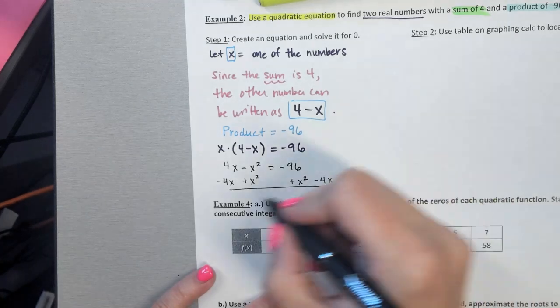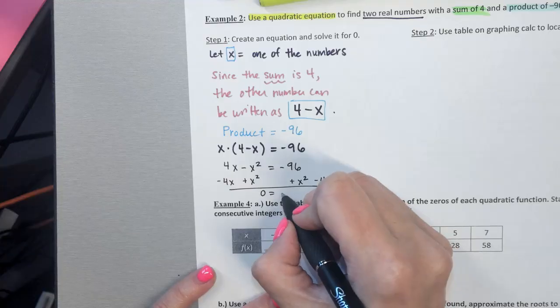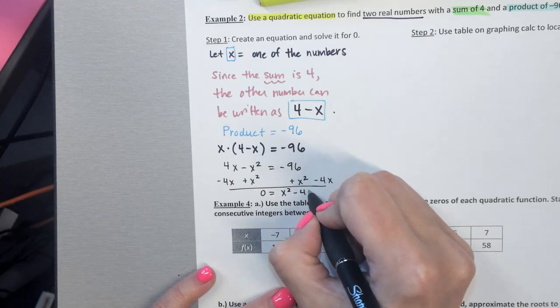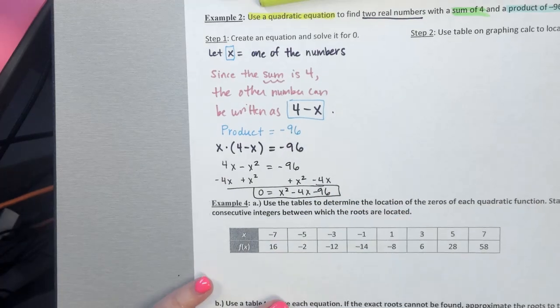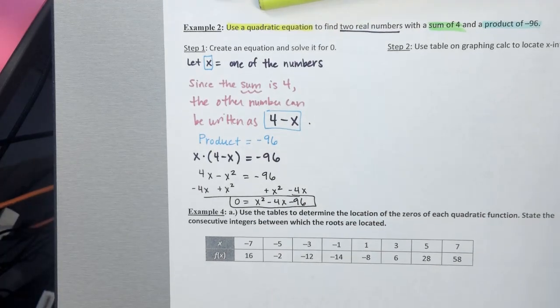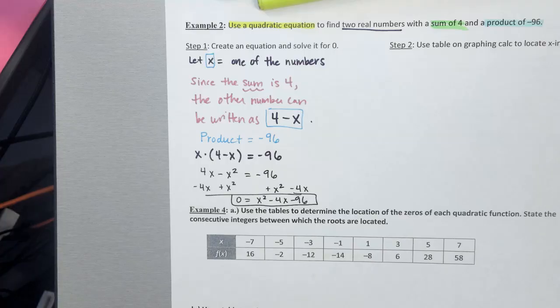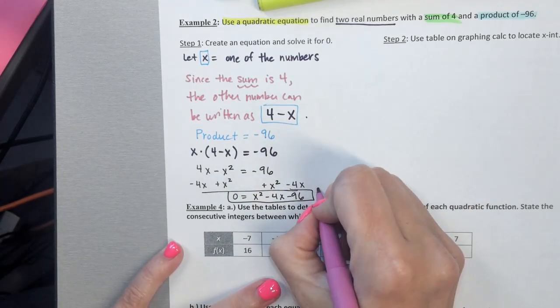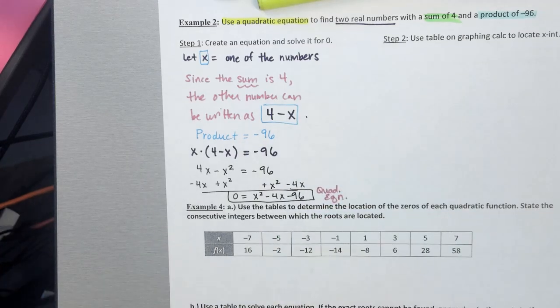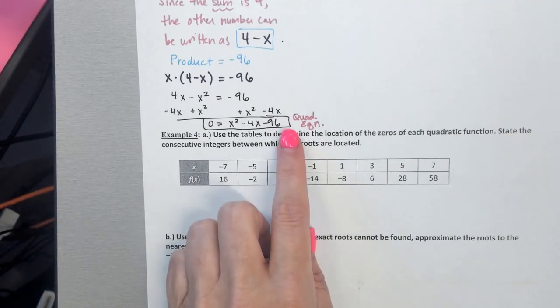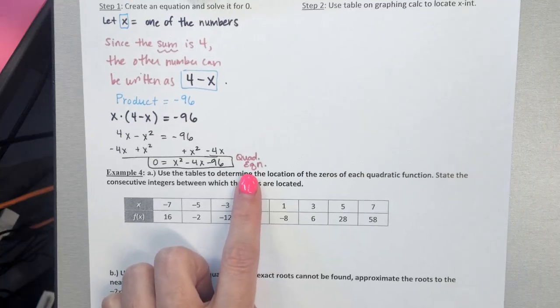So you have on this side 0 equals x squared minus 4x minus 96, and that is going to be your quadratic equation. They said use a quadratic equation, so that's what we're doing. So this is your quad equation. I'm just abbreviating here.